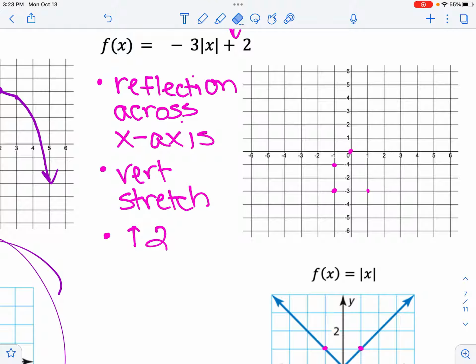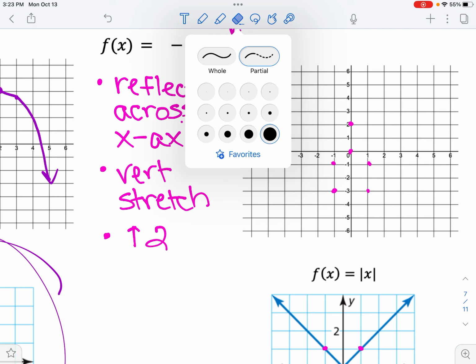And that will go away. And that would go away. Okay, cool. Except now I also need to do this last one where I go up 2. So I'm going to move all these dots. There, that one goes up 2, up 2, up 2. Now I'm gonna do some erasing.